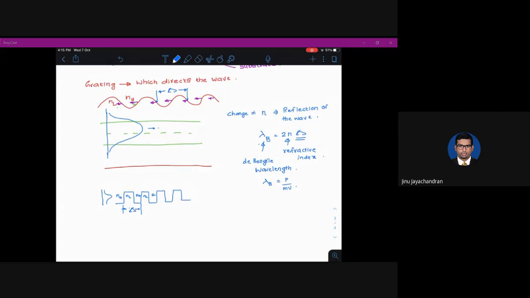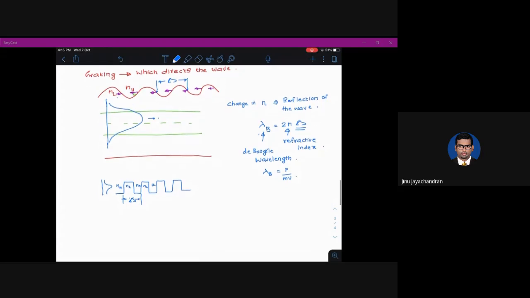Why does it survive? Because only for this wavelength there will be a constructive interference after reflection. So only those waves which can constructively interfere at the starting point can sustain.